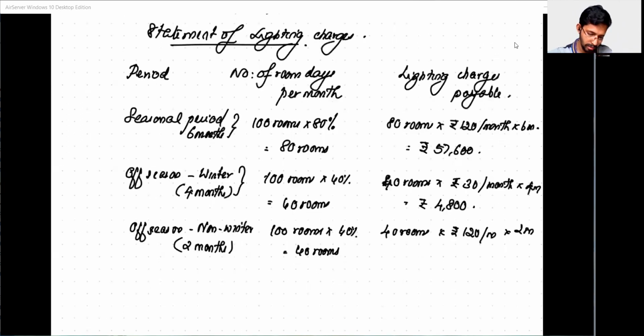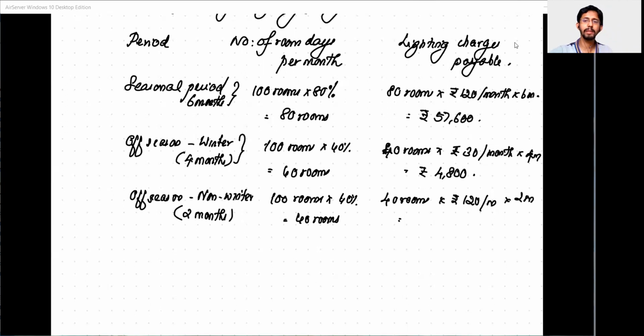So this will be 40 into 120 into 2, that is 9,600 rupees.